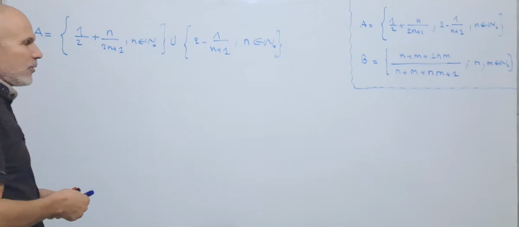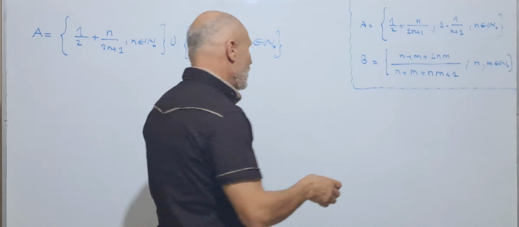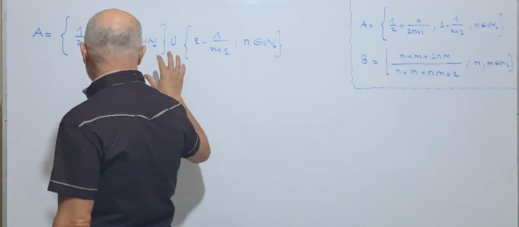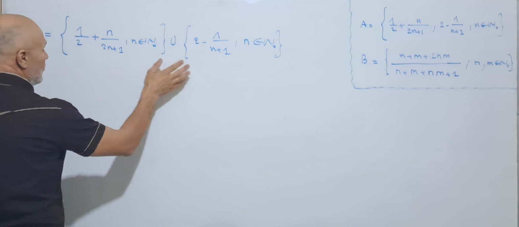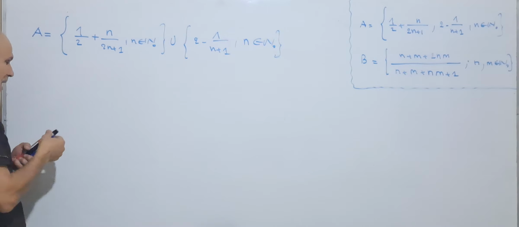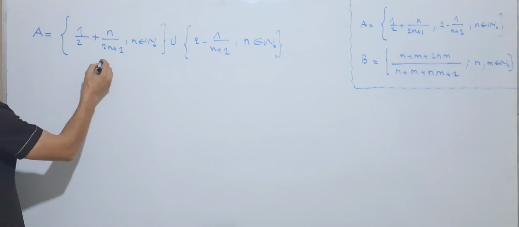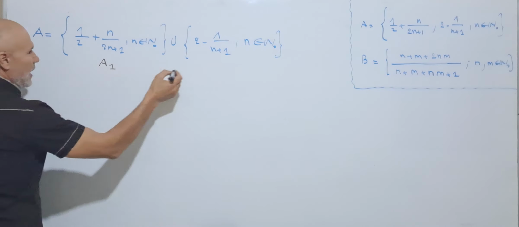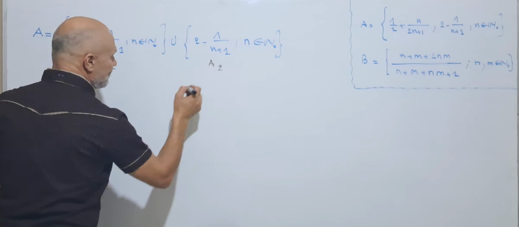By definition, A can be transformed into the union of two parts. We will call this one A1 and this one A2.